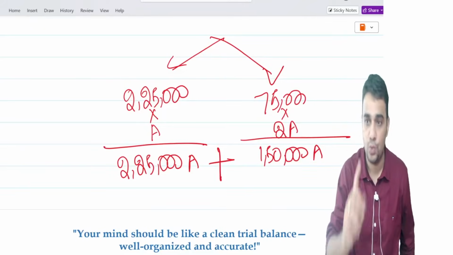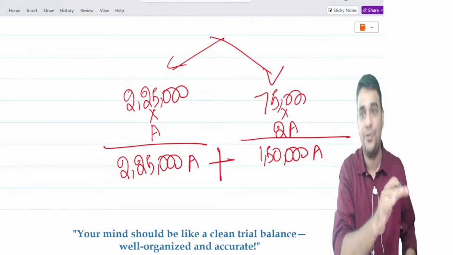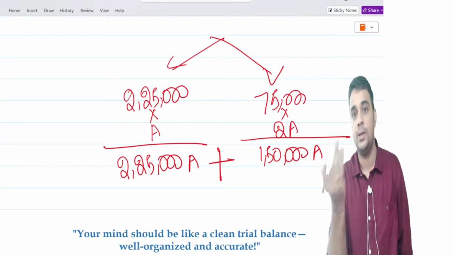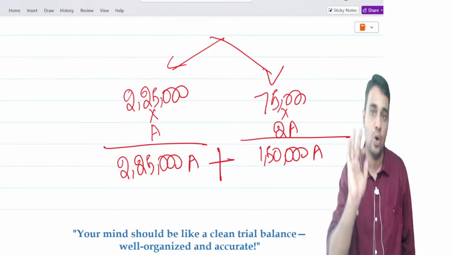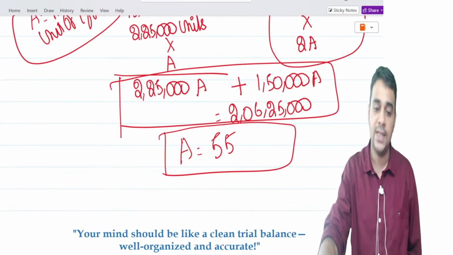That will give you the answer to A, which is the cost for the left hand side product, which I don't want. I wanted the right hand side product. So I'll ultimately use the right hand side product data in my cost sheet. Any doubts on this? So A is 55.